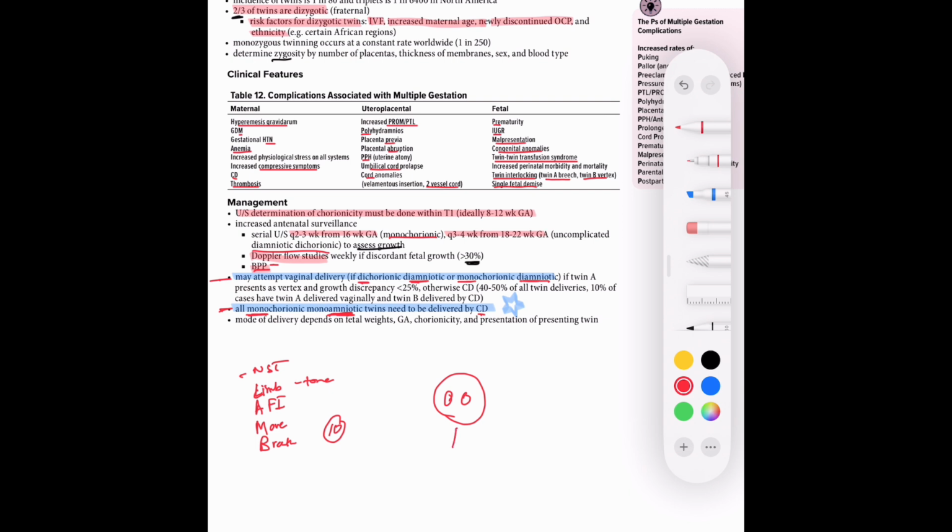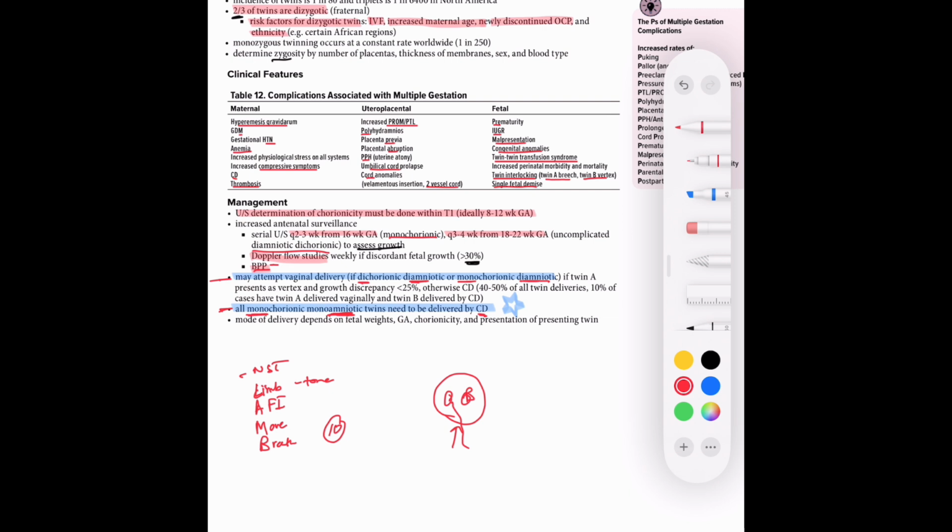We don't want a rupture of membranes and delivery of one baby while baby B is left waiting behind with ruptured membranes, just waiting for some infection to get in. So if it is monoamniotic, we have to go for cesarean delivery. All monoamniotic twins need to be delivered by cesarean delivery.